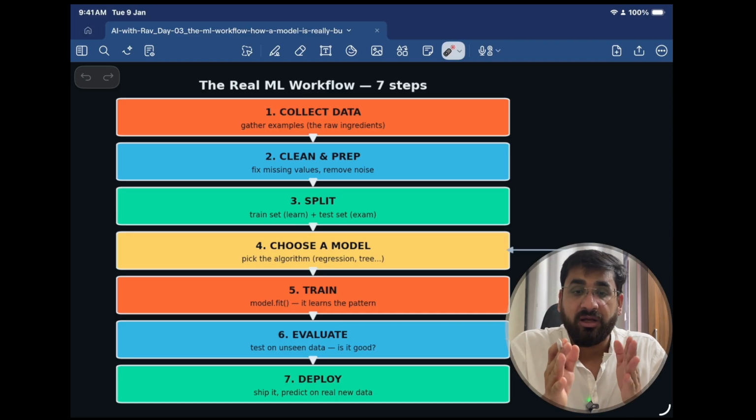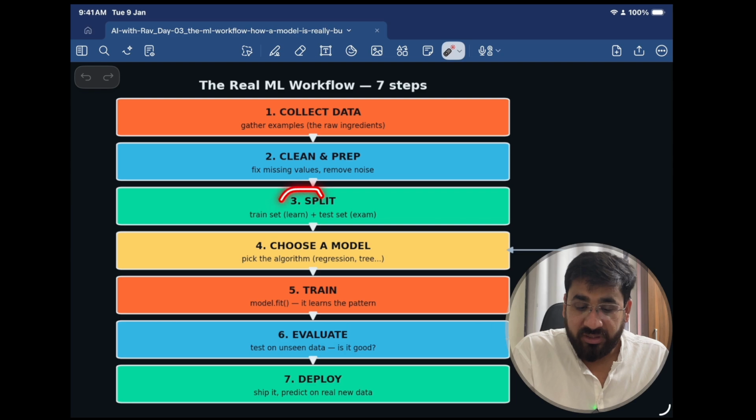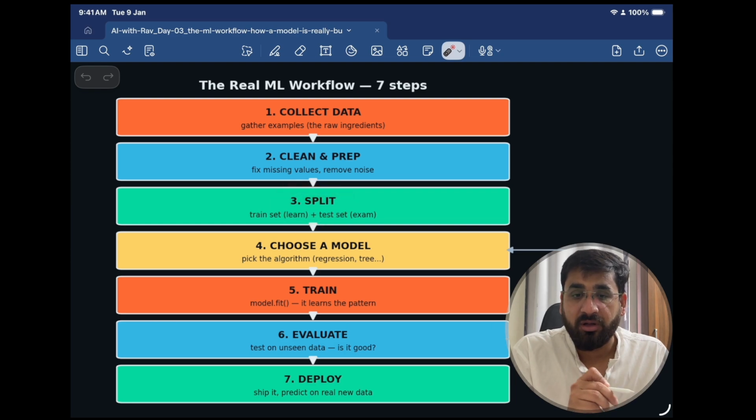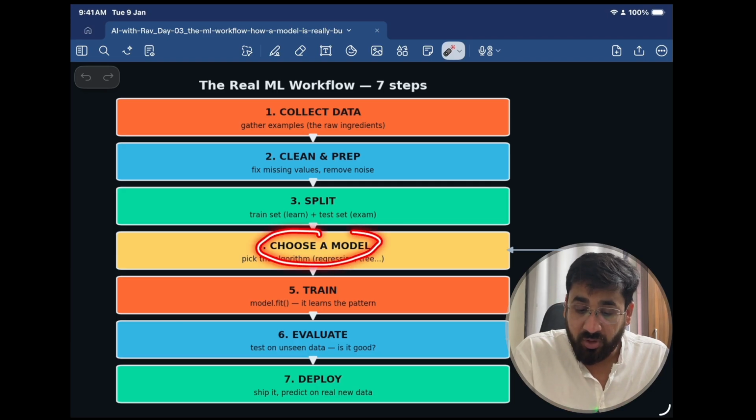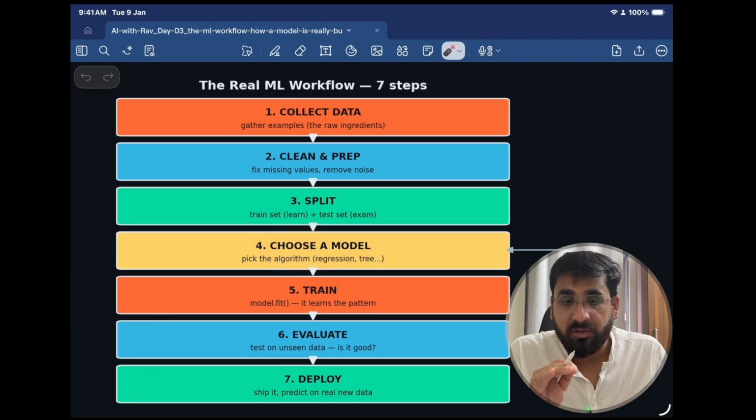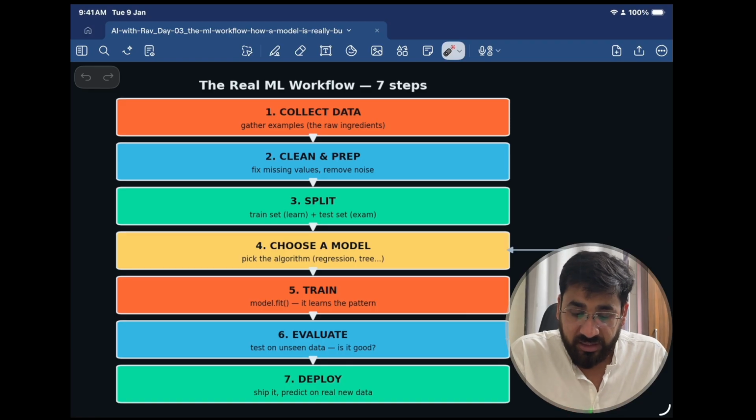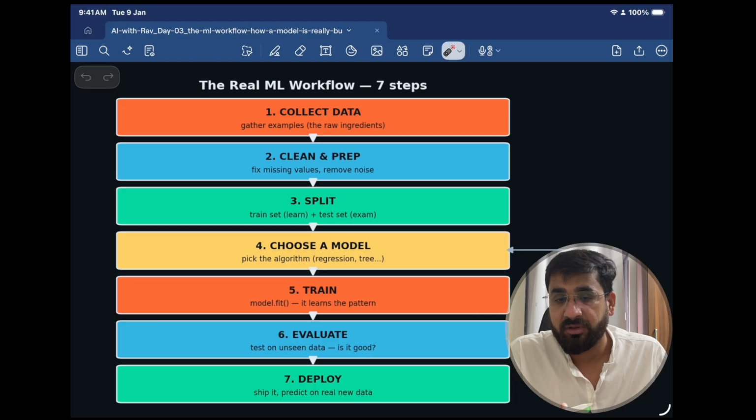So you will use 20 for testing and 80 for training the model. After that you will choose the model depending on what situation, what problem you are solving. You will see whether I should choose regression or tree based. I will discuss everything, okay? We have 30 videos on that.